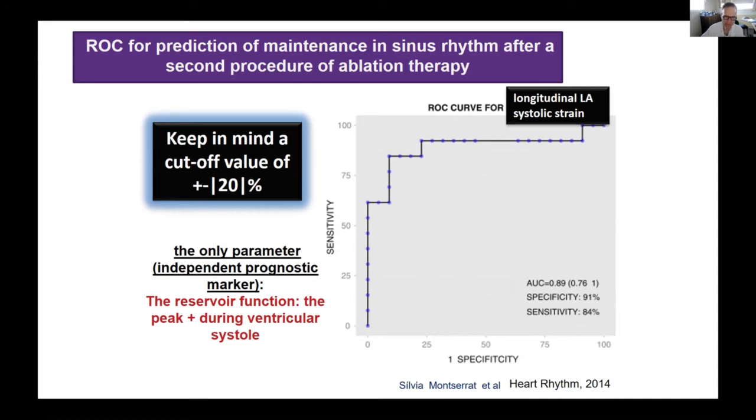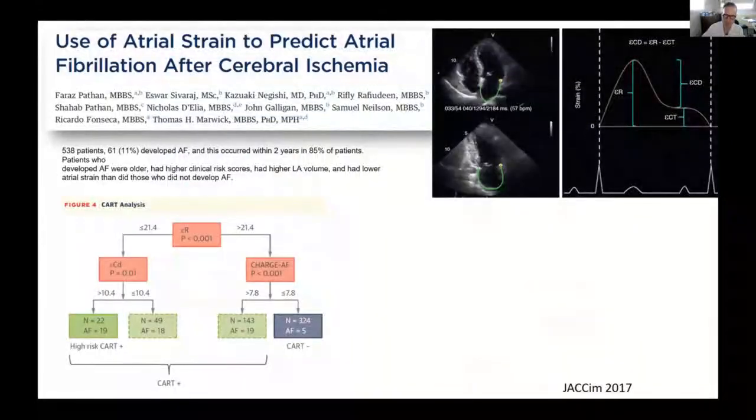If the LA reservoir function is below 20%, the risk of recurrence of the arrhythmia is quite important. In opposite, if after the RF ablation, the patient has a LA reservoir function greater than 20%, the risk of recurrence of the atrial arrhythmia is much lower. So it's quite convenient when you follow patients that have been treated for their atrial arrhythmias.